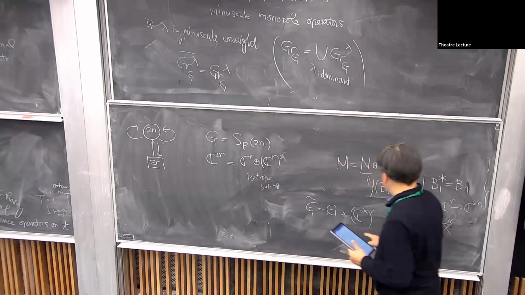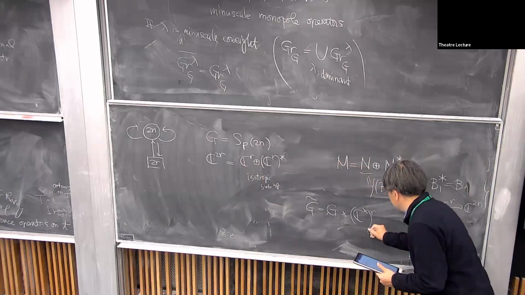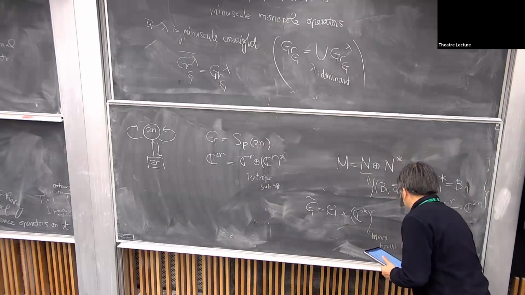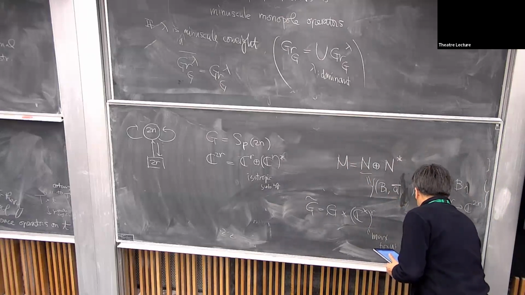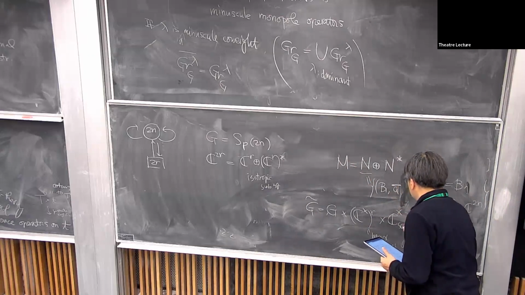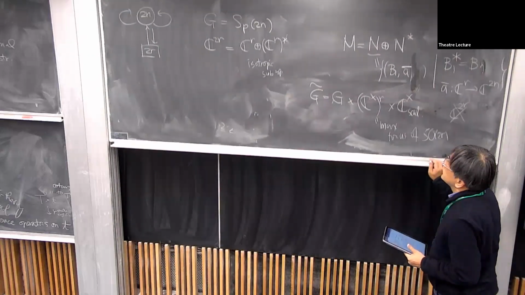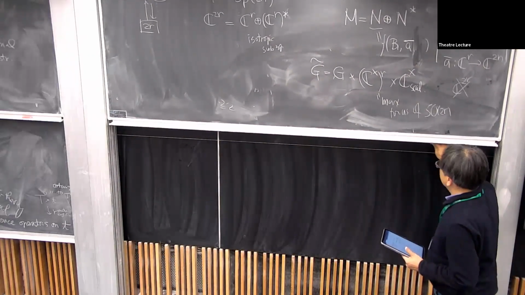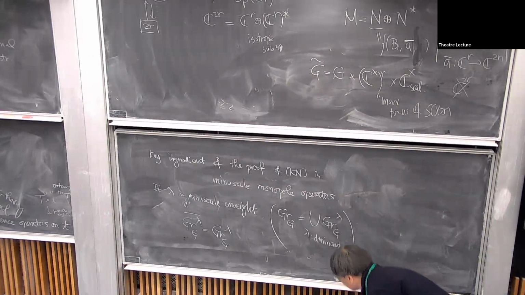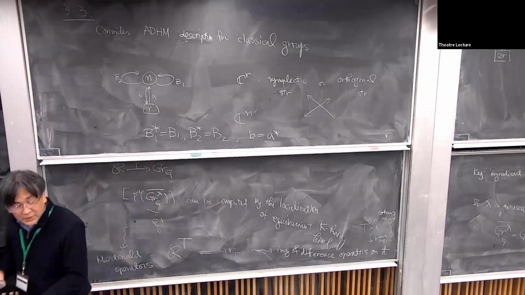So this is the maximal torus of SO(2R). And we have scaling system. So this is the flavor. And this n has an endomorphism part and the framing part.